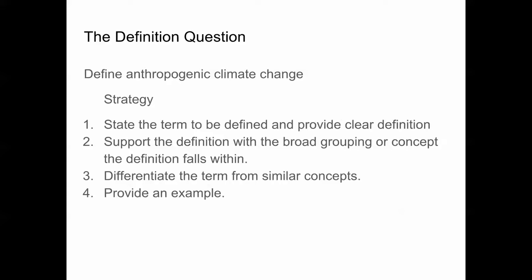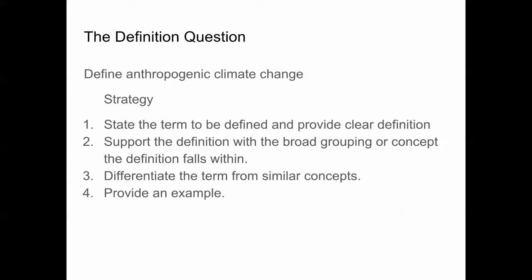Differentiate the term. Oftentimes in a definition, even though we're asking for a definition, by using differentiation, in other words, anthropogenic climate change differs from other long-term geologic climate change on certain classification concepts or certain characteristics. In other words, its rate in the case of anthropogenic climate change. It's the rate of change more than the magnitude of change.